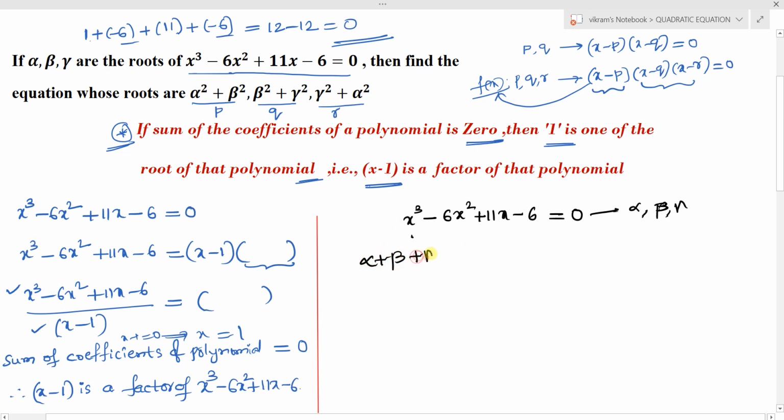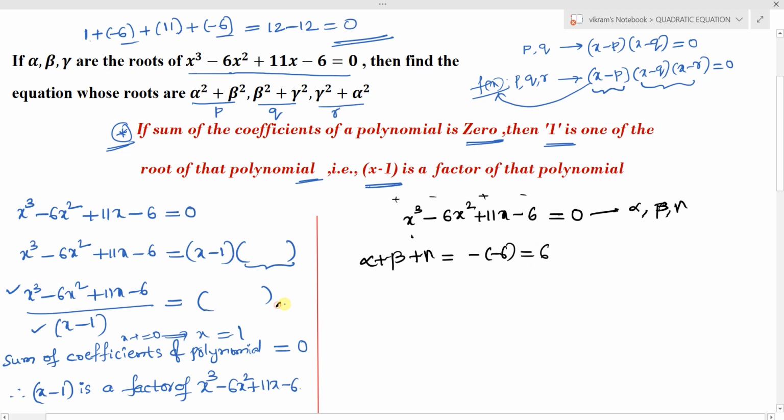Alpha plus beta plus gamma, the sum of the roots. The sign has to be taken as minus 1 power 1, so it is minus of minus 6, which is plus 6.